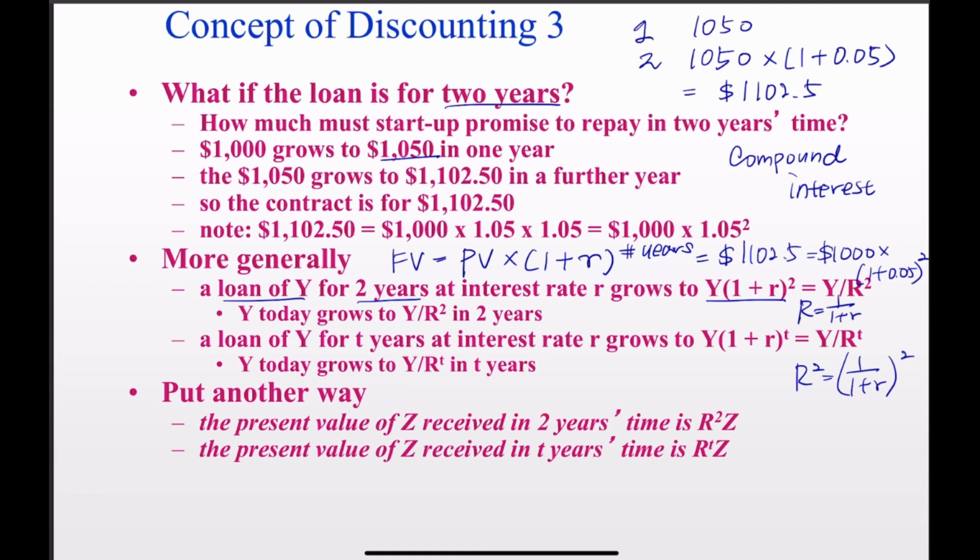How about T years? A loan of Y for T years at interest rate R grows to Y times 1 plus R to the power of T. The present value would be Y over (1 plus R) to the T.